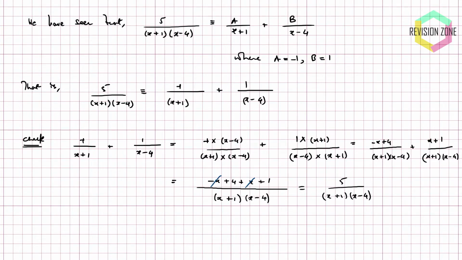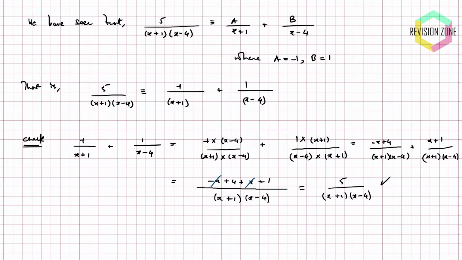And then we just combine the numerators, so I get minus x plus 4 plus x plus 1, and obviously the plus and minus x cancel, and the 4 and 1 combine to give me 5, and the common denominator is obviously x plus 1 times x minus 4. So indeed, we've actually been able to show that our partial fraction form worked, right?